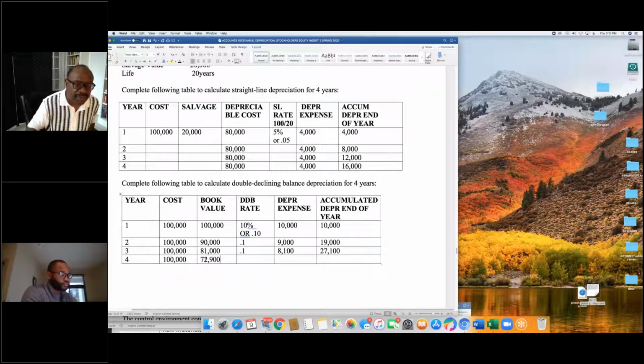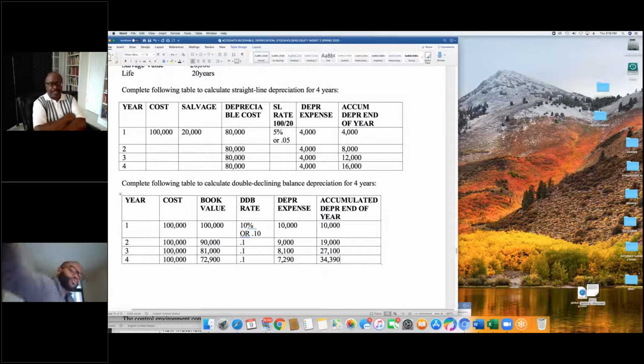Rate still 0.1. So what's our expense going to be this year? 7,290. What's our accumulated now? 34,390. Any questions?